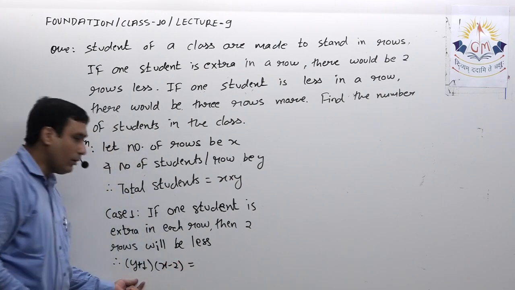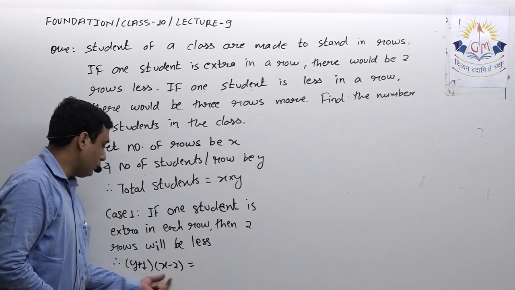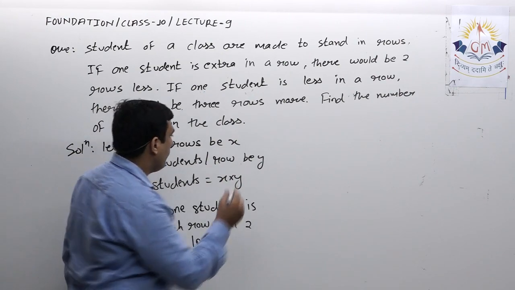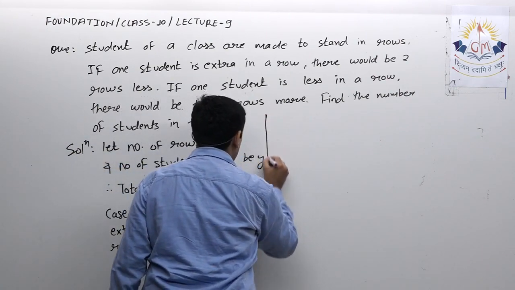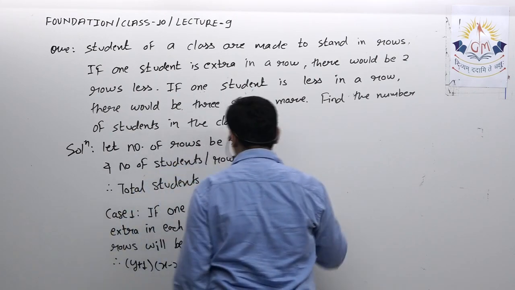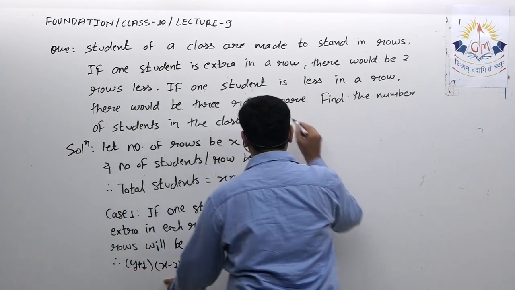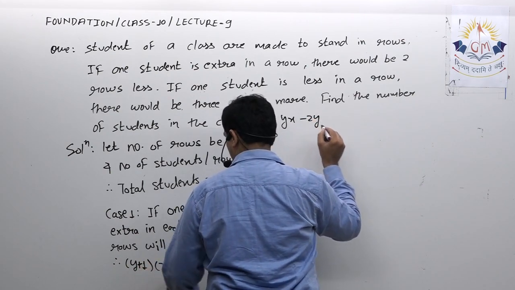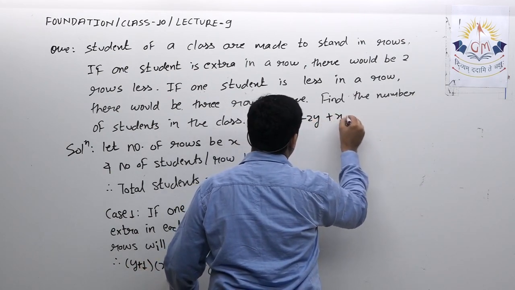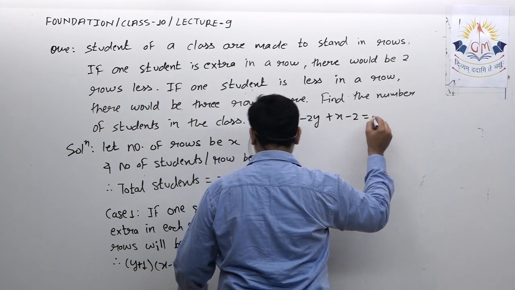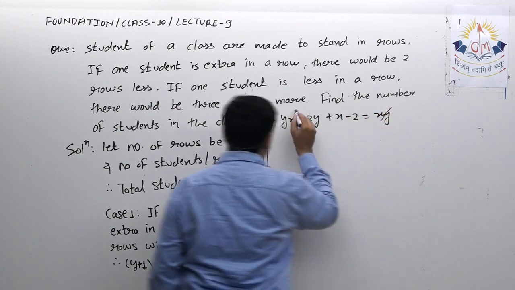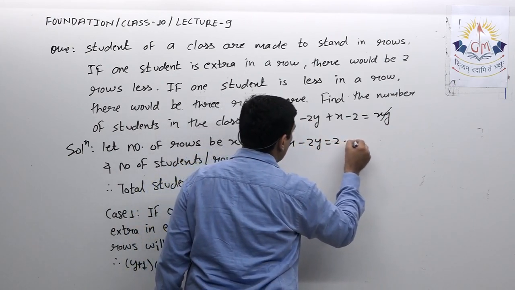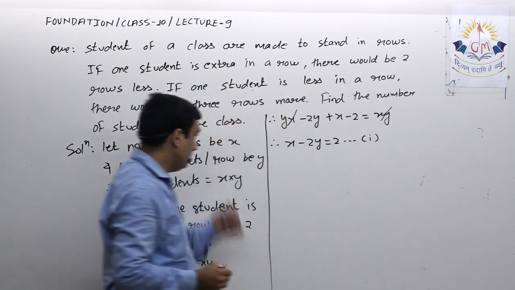The product of the number of students in each row and the number of rows is the total number of students, that is xy. Simplifying: (y plus 1)(x minus 2) equals xy, so xy minus 2y plus x minus 2 equals xy. The xy cancels, so x minus 2y is equal to 2. That is equation number 1.